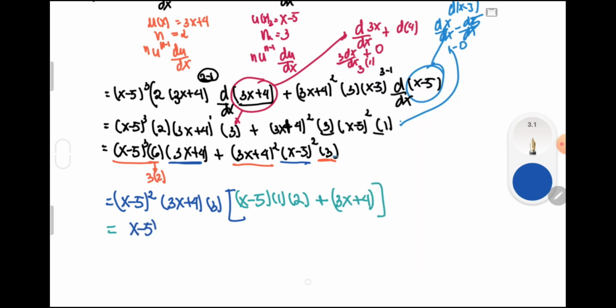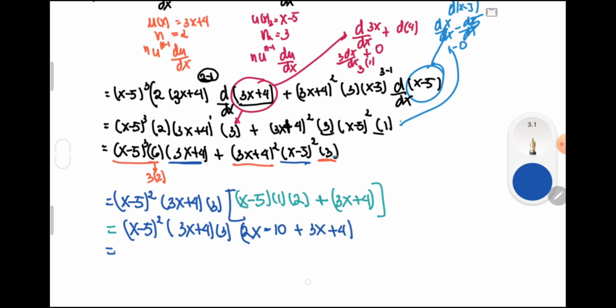(x − 5)^2 multiplied by (3x + 4) multiplied by 3 multiplied by (x − 5) times 2, that is 2x − 10, plus 3x + 4.